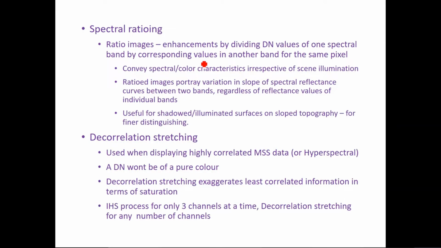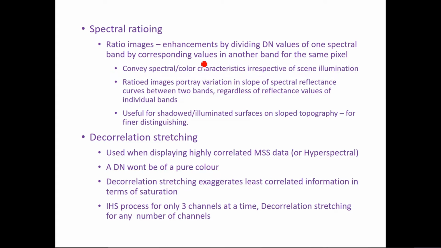So once you do this, this spectral ratioed image can convey the spectral characteristics or reflectance characteristics or color characteristics irrespective of the scene illumination. All right, you are basically normalizing the brightness of that particular DN using the data from another bandwidth.